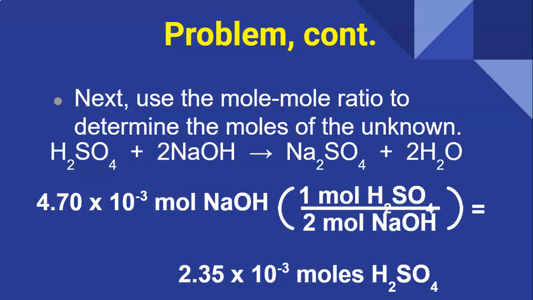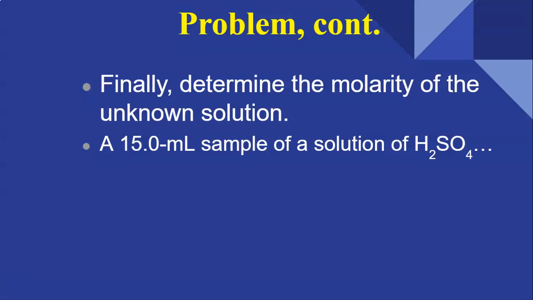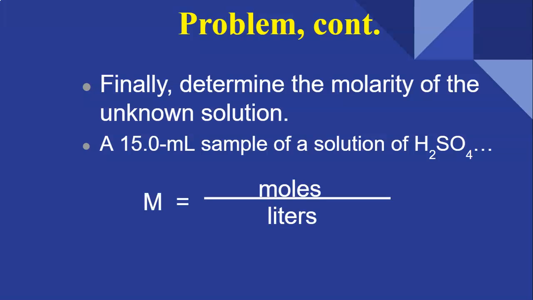Now, if I just needed moles, I could stop. But I have to go a little bit further because I do need molarity. So I'm going to do my molarity this time, and I'm going to use that same equation, M equals moles over liters. In this case, I have my moles of 2.35 times 10 to the negative third.